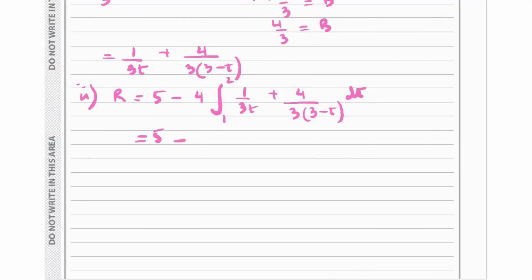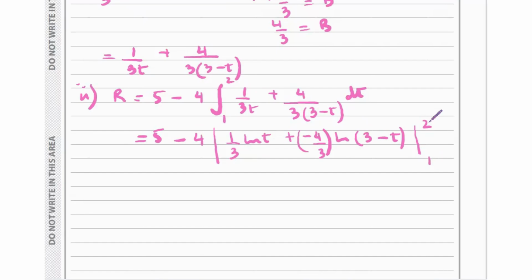So 5 minus 4, 1 over 3t becomes 1 over 3 ln t plus negative 4 over 3 times ln (3 minus t), from 1 to 2.